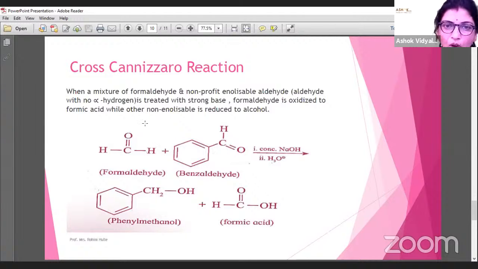Then formaldehyde is oxidized to formic acid and benzaldehyde is reduced to alcohol, that is phenylmethanol. These reactions are all very important for your examination.